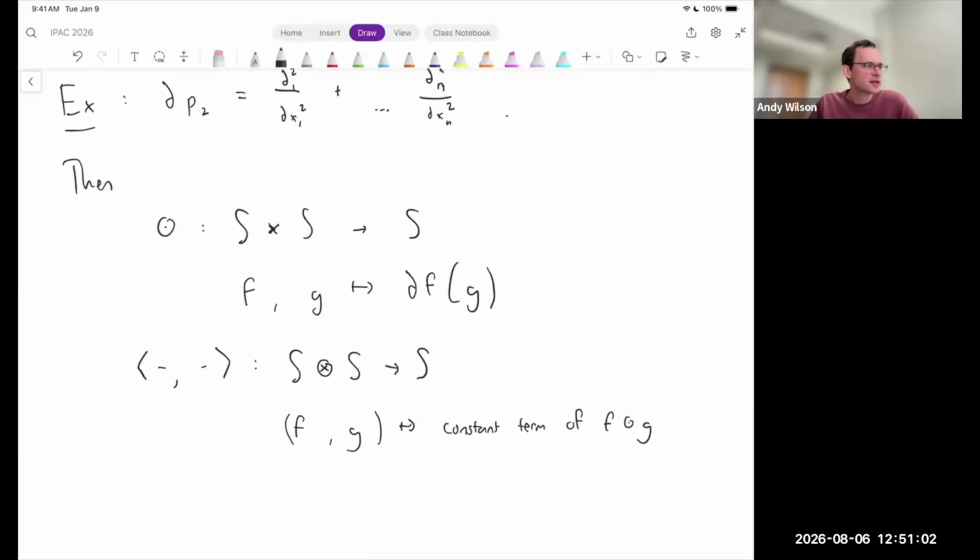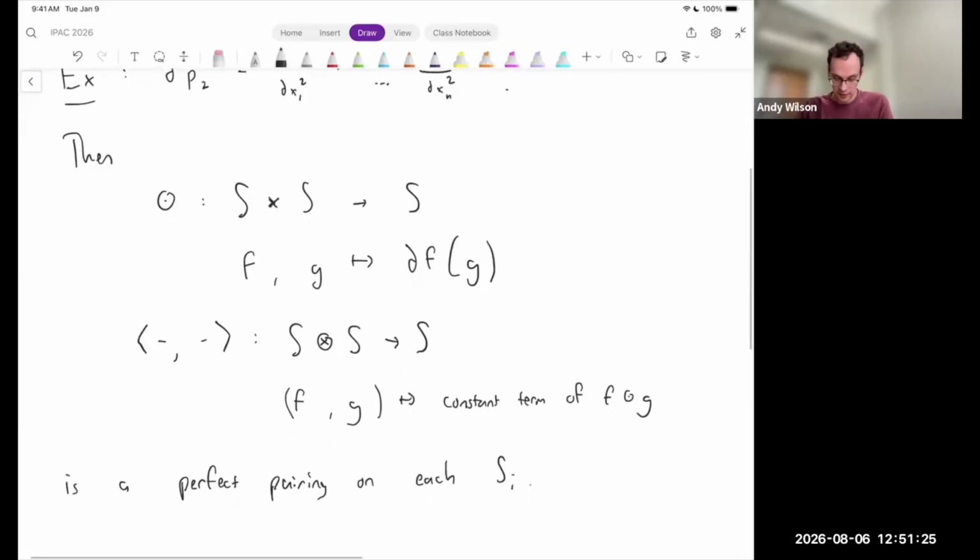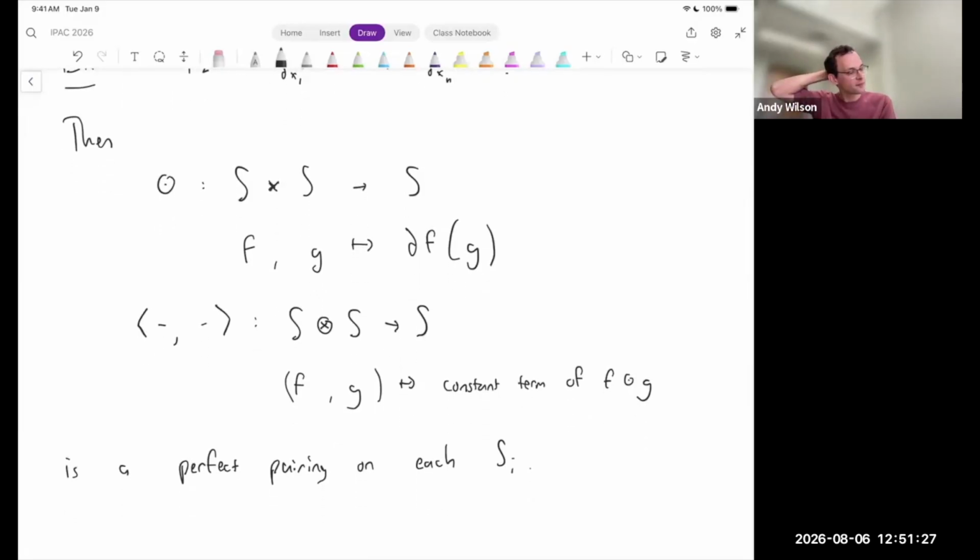So what does this do for us then? So this is a perfect pairing on each homogeneous piece of the polynomial ring, because the degree direct sum is orthogonal with respect to this bilinear form. This is not too hard to check.